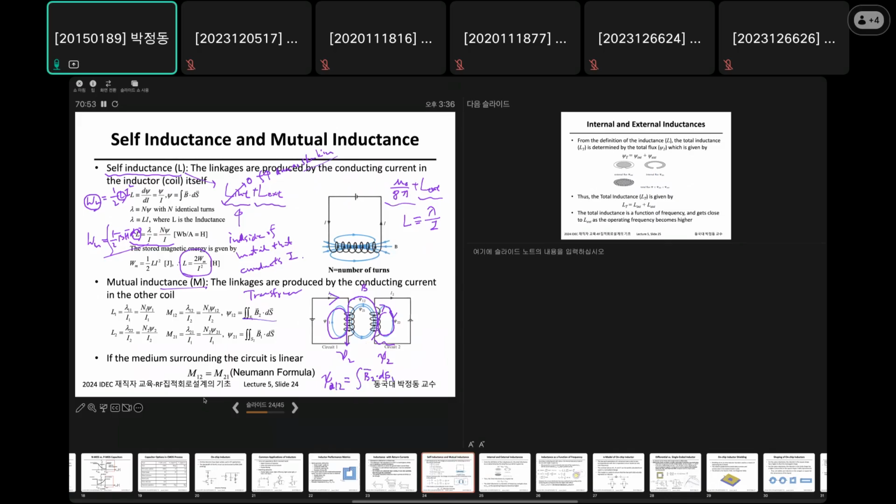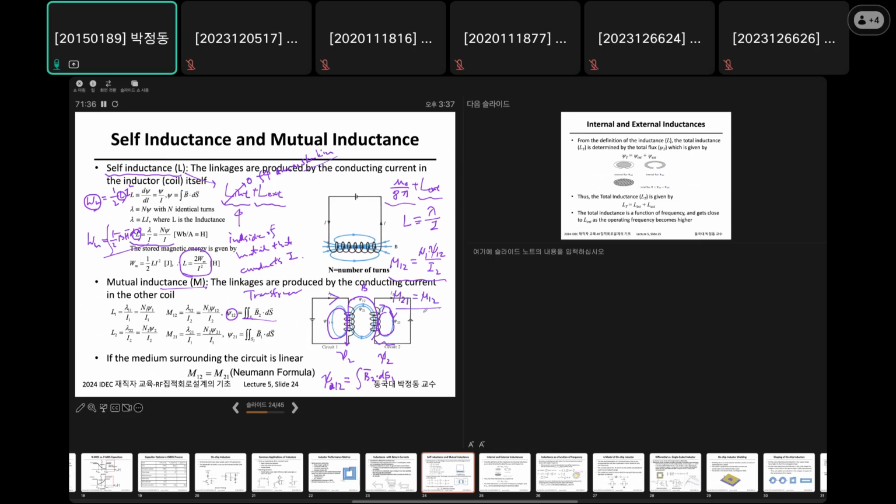Once you define the mutual flux, the mutual inductance M12 is caused by current 2 and the generated linkage at the first coil, which is N1 times flux 12, right? From Neumann's equation, M12 is always the same as M21, right?